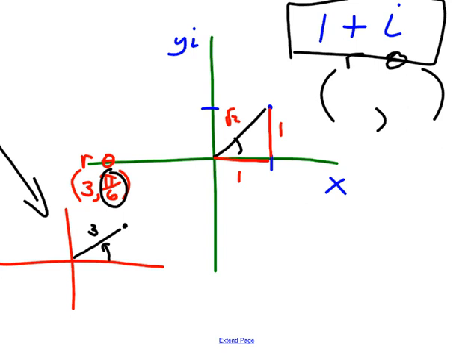We actually use a different format. Pi over what? Pi over 4. So this angle right here is pi over 4. And then what was my radius? Root 2. That is a polar graph of an imaginary number.